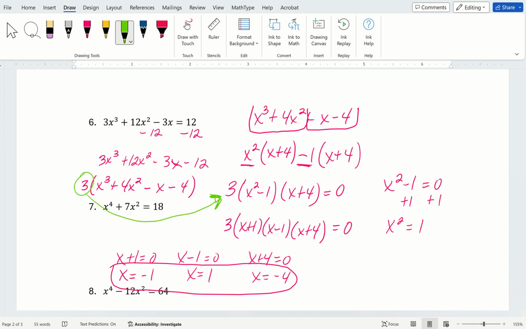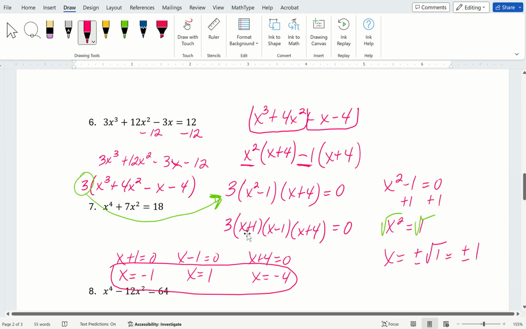And then I can take the square root of both sides, and I'm left with x equals plus or minus the square root of 1, which is equal to plus or minus 1. So you're going to get the same answer. Factoring all the way just kind of flushes it all out for you.